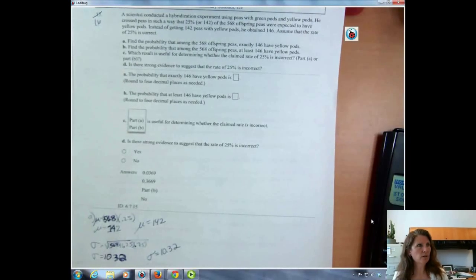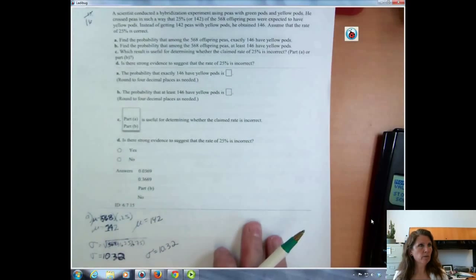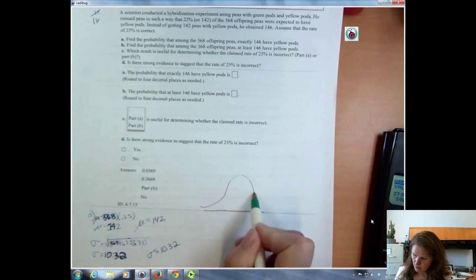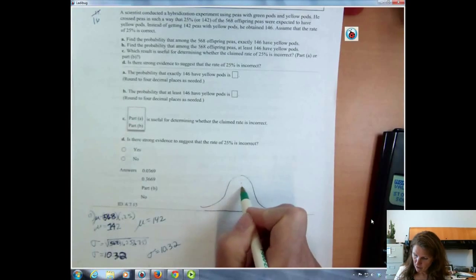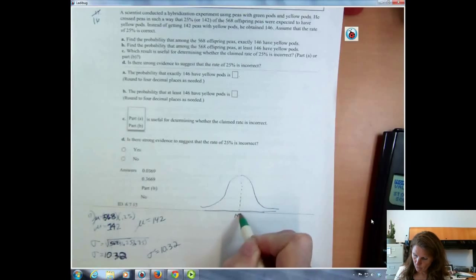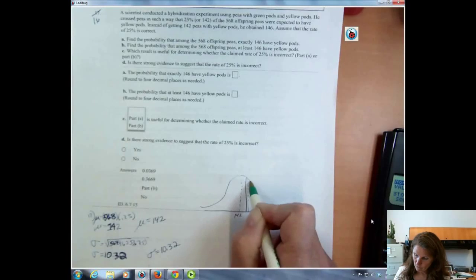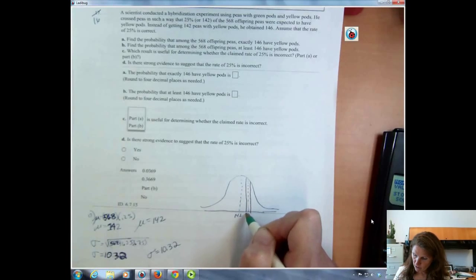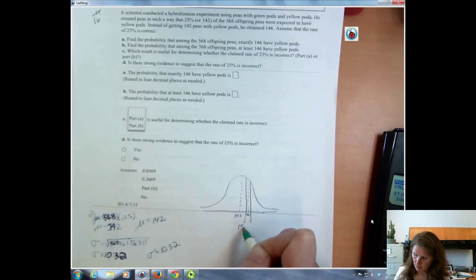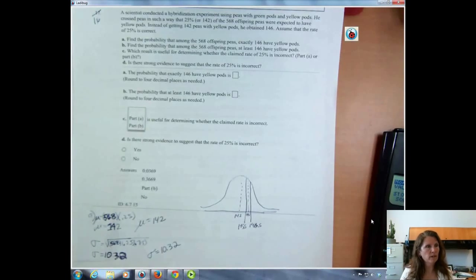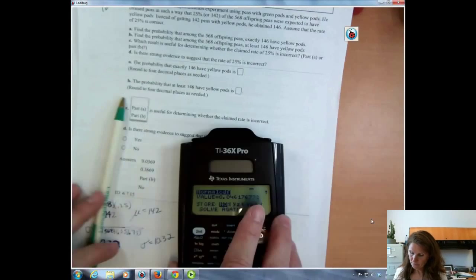So now I have those two values, and I'm wanting to know what's the probability of getting exactly 146. So if I do this, so I can kind of see what's happening, my mean right here should be 142. And again, I'm going to do that thing where I subtract a half off each side to give myself a range of values, 145.5, 146.5, and I'm going to use normal CDF to do that.